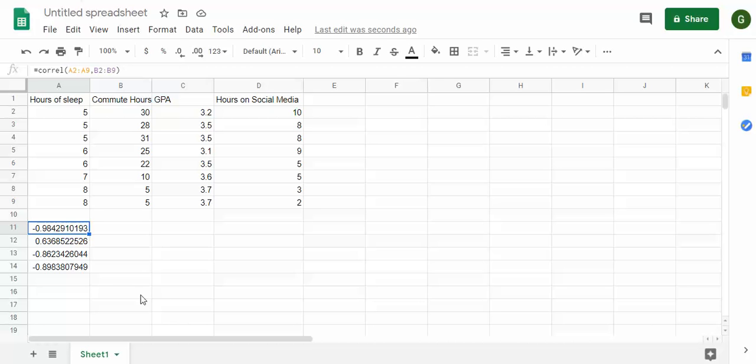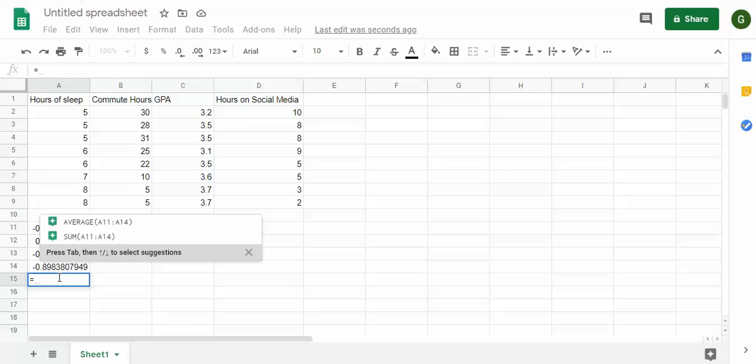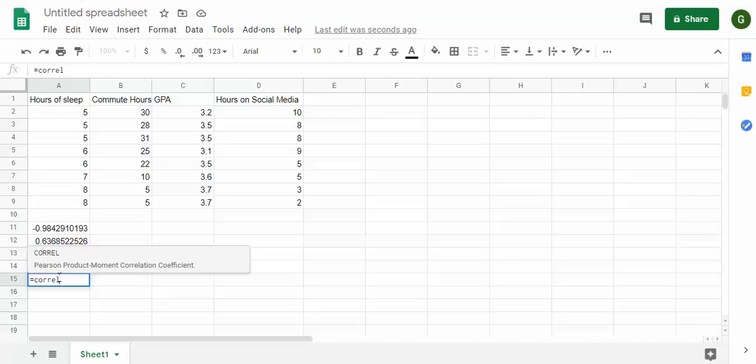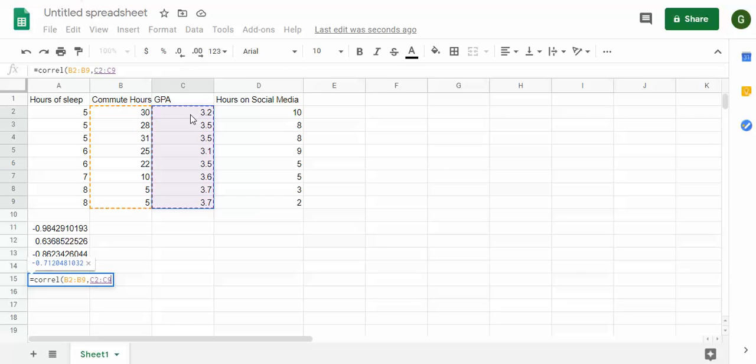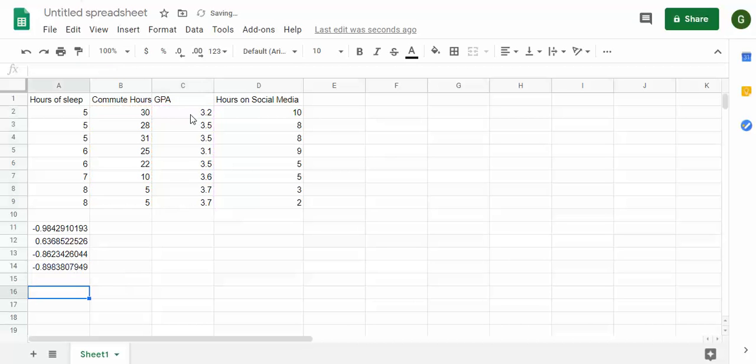And we'll just calculate one more. Maybe commute hours and GPA. And now I'm going to label each of these so that we know what each one stands for. So these are the correlations that I've calculated.